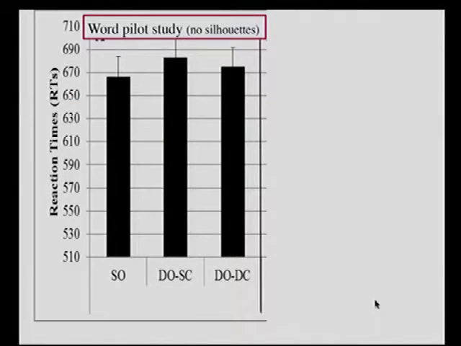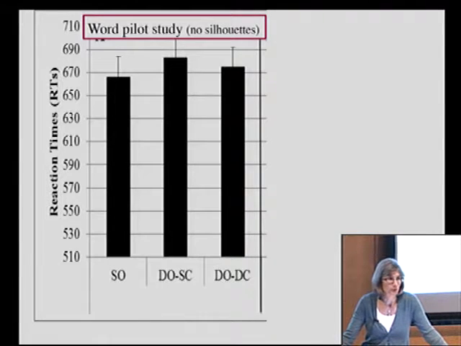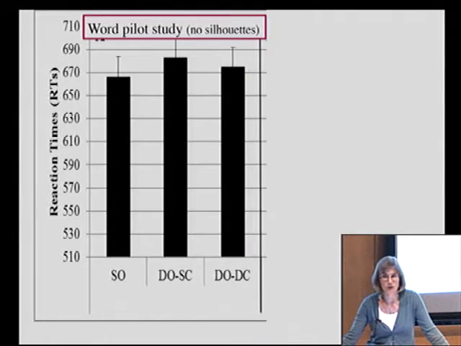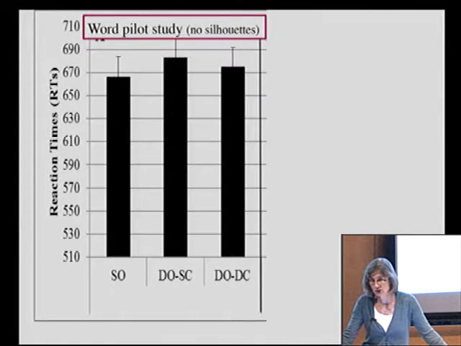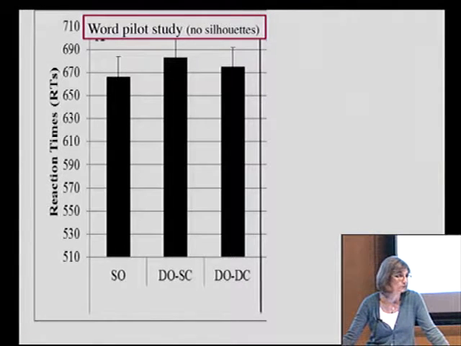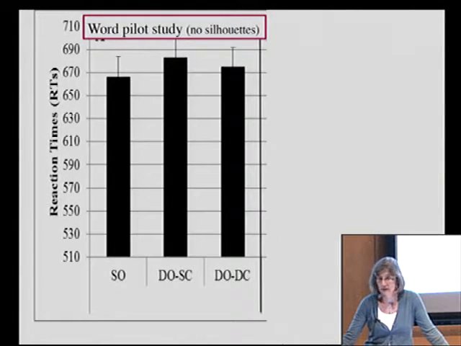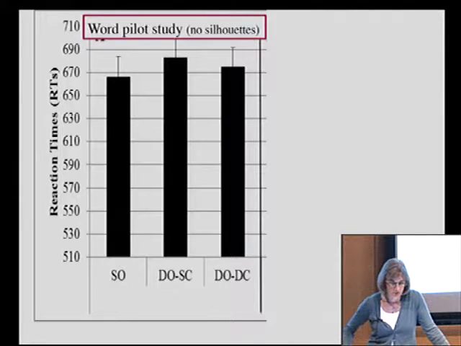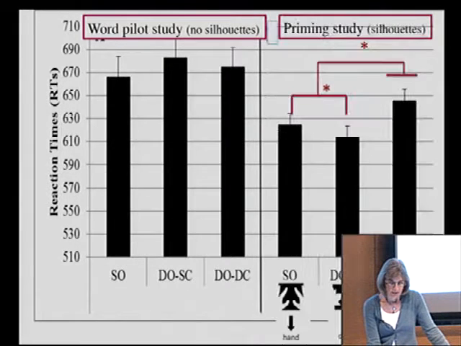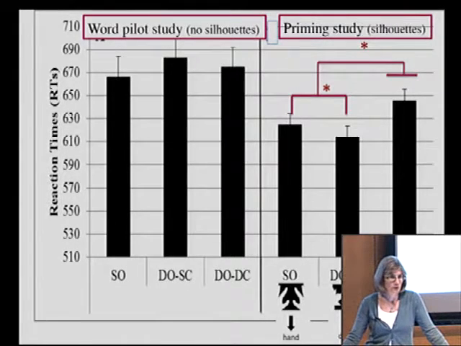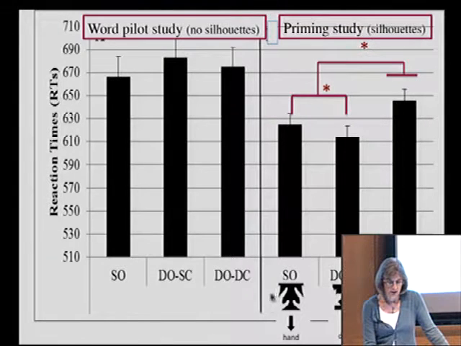So we piloted the set of words we used before we ran this experiment to make certain we had no differences in subjects' reaction times to categorize the words before they were in the experiment. And those are the data we obtained from the pilot experiment. There's no significant difference between conditions there. And now here are the data we obtained when we ran the version where the silhouettes preceded the words.